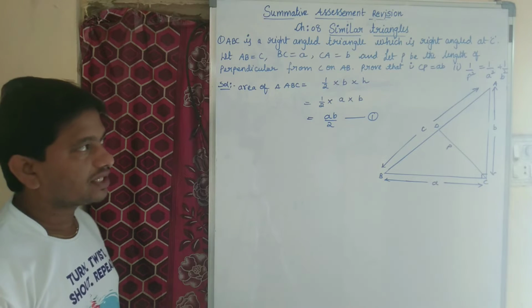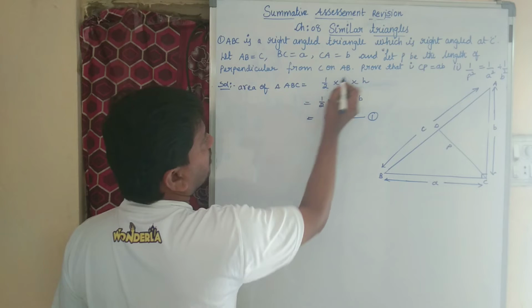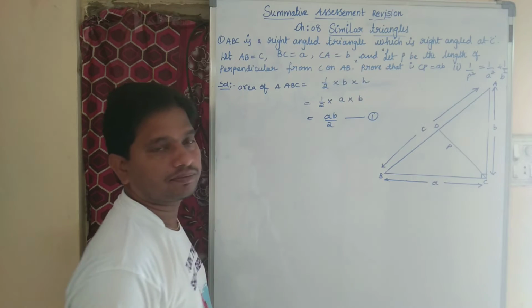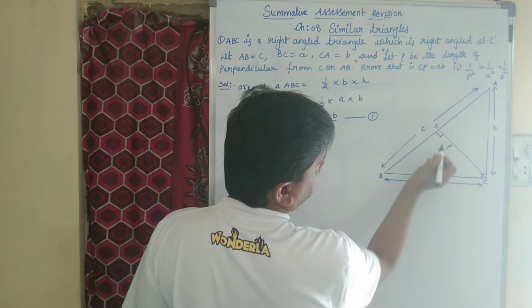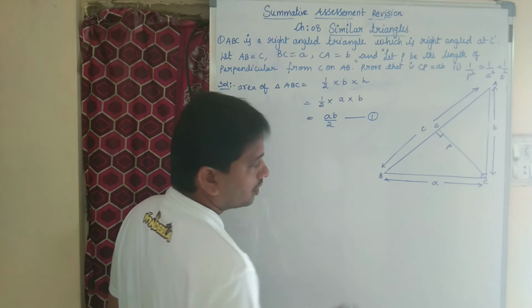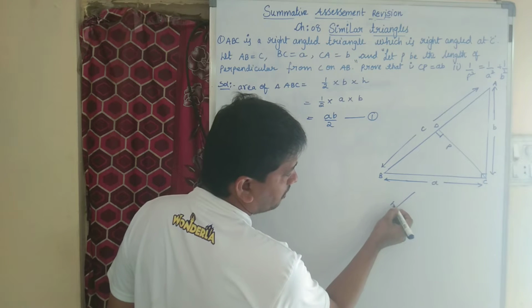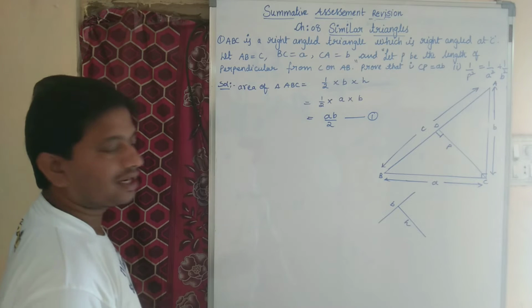Okay, now coming to the second one. The second statement is: let P be the length of the perpendicular from C on AB. Perpendicular means 90 degrees. As D is sitting on side AB, if AB is our base, then this will be our height. Both are triangle ABC only.